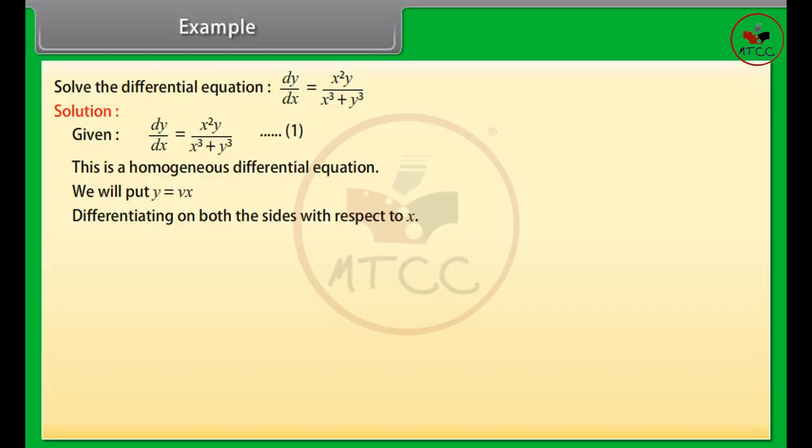Differentiating on both sides with respect to x, dy by dx equals x into dv by dx plus v.